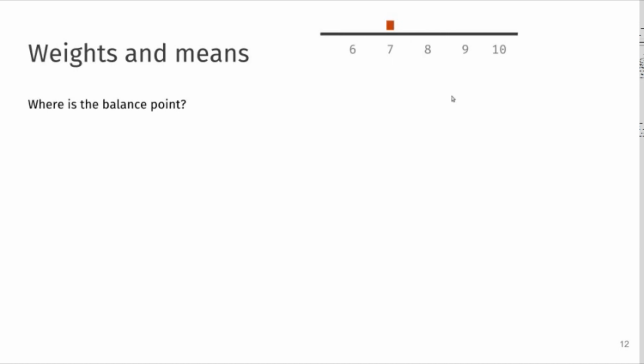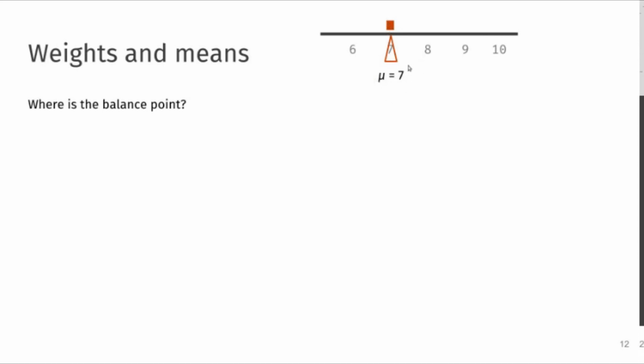Well, if we wanted to put a fulcrum underneath this surface in such a way that it would be perfectly balanced, in other words, it wouldn't fall down either to the right or to the left, what we need to do is put that fulcrum right under the observed value. So it's perfectly balanced. So in this case, the mean of this data set, which just consists of a single number, 7, is 7. Easy enough, right?